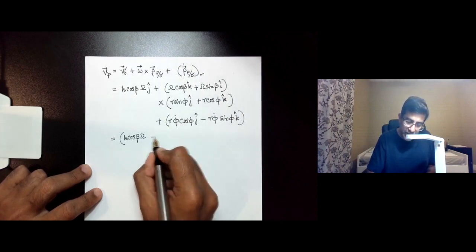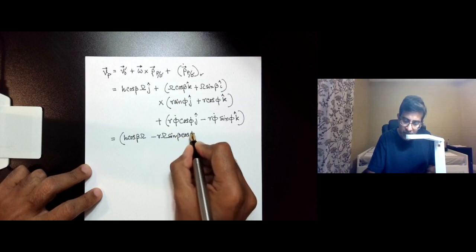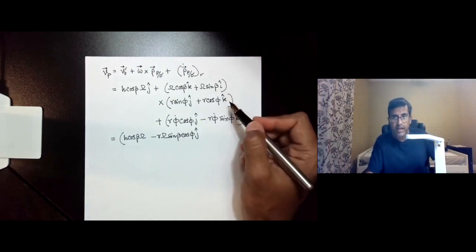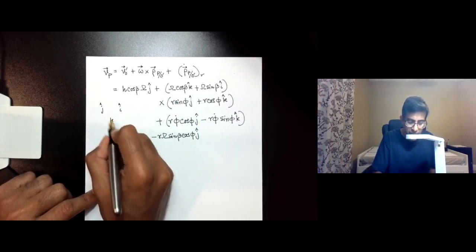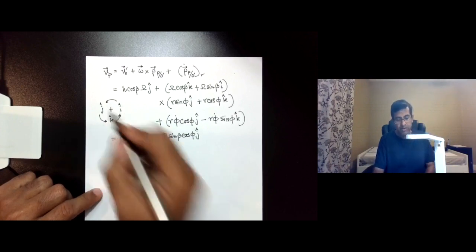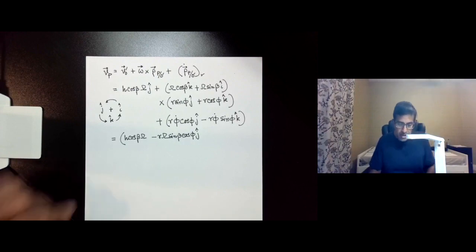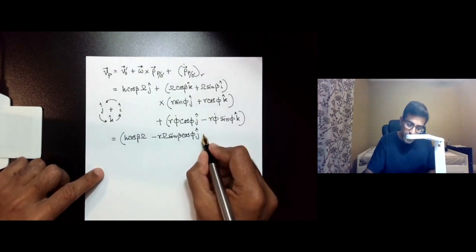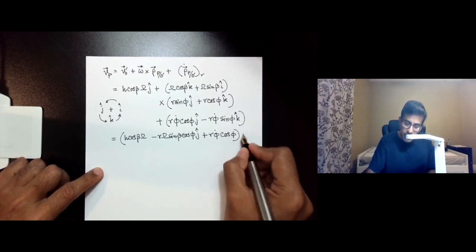So I will have a negative r capital omega sine beta cosine phi j, and this negative is because I'm going to do I cross k, and our convention is that we have a right-handed coordinate system where I cross j gives k, j cross k gives I, k cross I gives j. Here we are going in the reverse direction, and hence the negative sign. And then we have plus r phi dot cosine phi j.